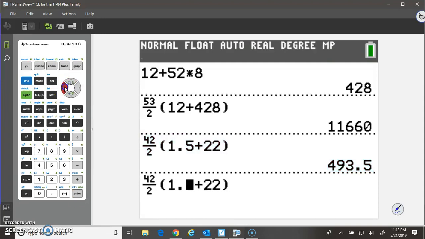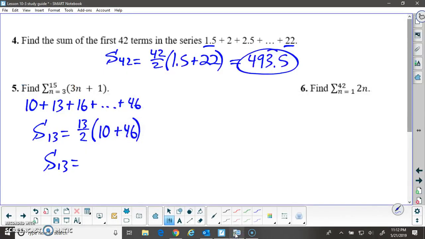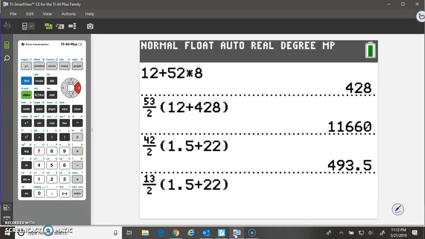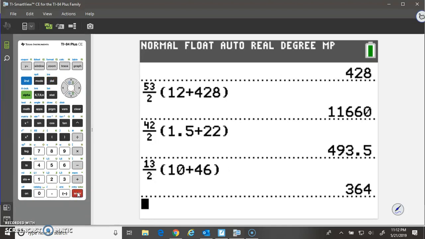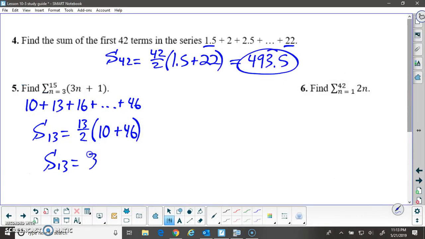Let's change these values into a 13. And then we have 10 plus 46. And we get 364. So that's your 13th partial sum.